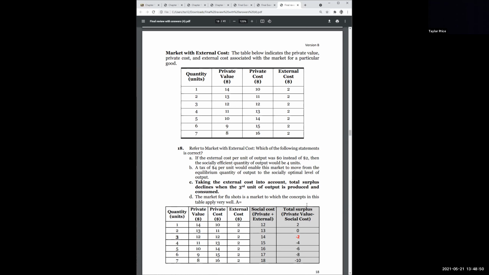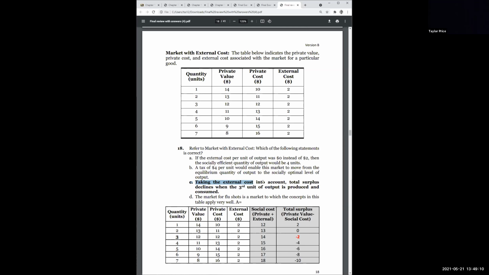If you see a question like this, I would definitely suggest thinking that this would be a useful thing to produce to get to the answer. They're talking about a market with external costs.